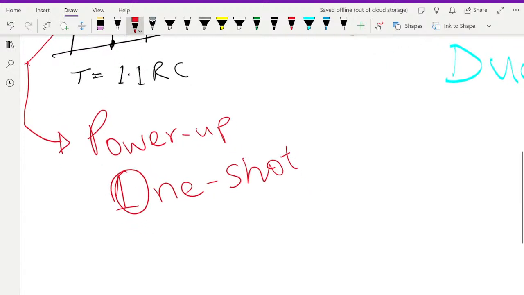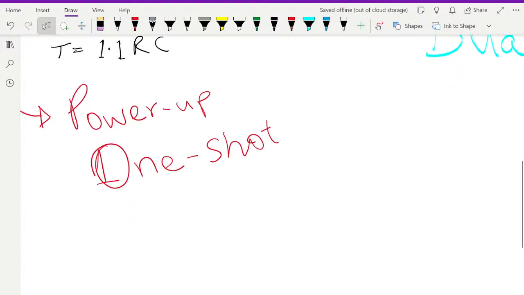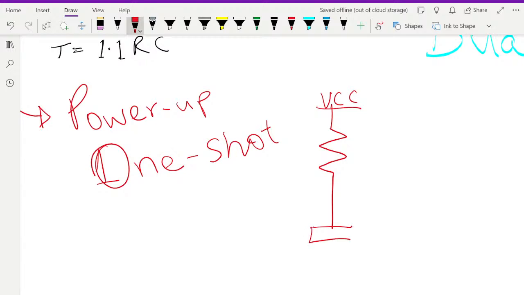So this happens only once. Once you provide power to a capacitor, okay, I need to draw this resistor properly. If this is a VCC and you have a capacitor somewhere here to ground, let's assume that at time t equals 0, there's no charge in this capacitor.